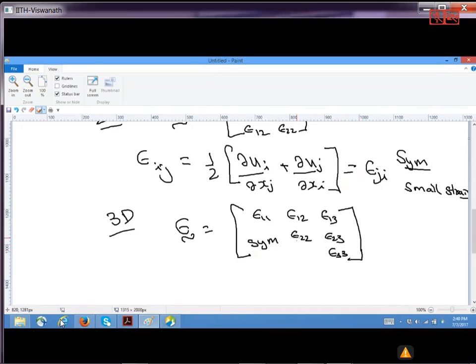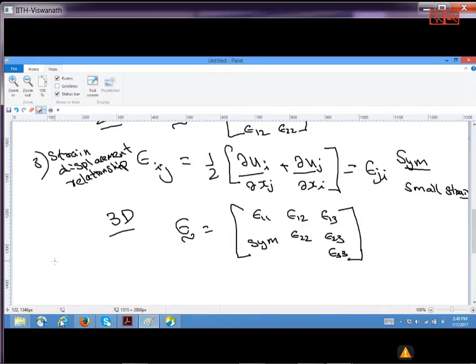And this relationship is also known as the strain displacement relationship. So that is the third part of it.